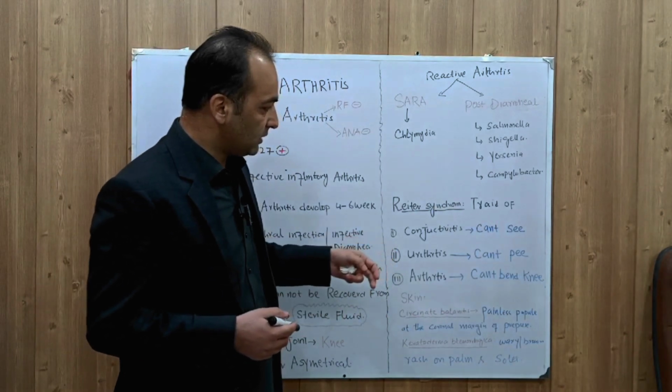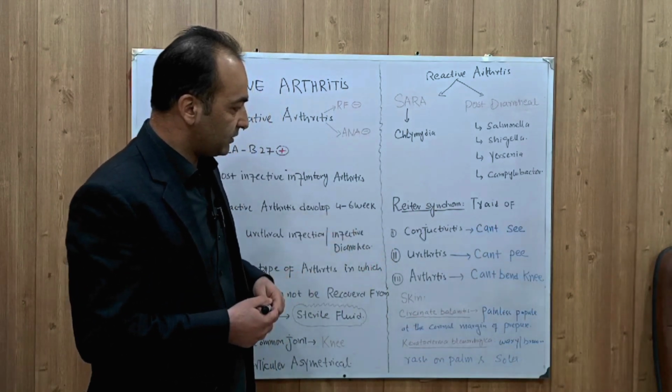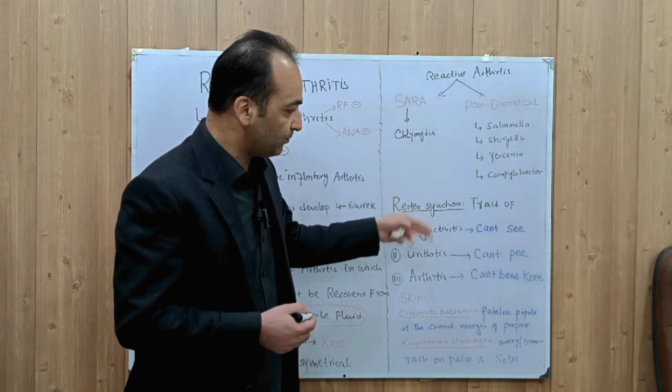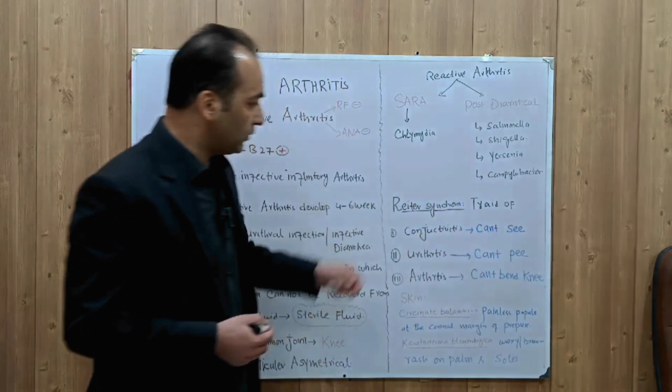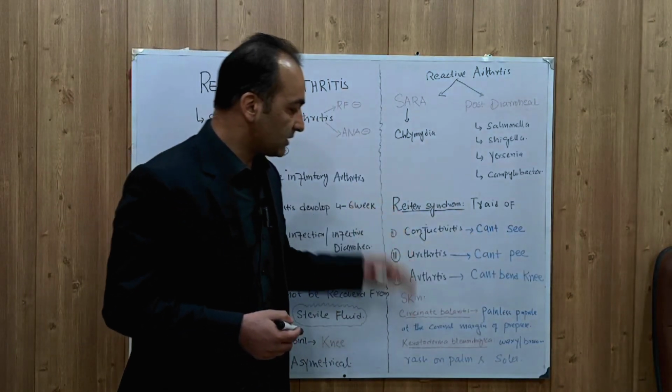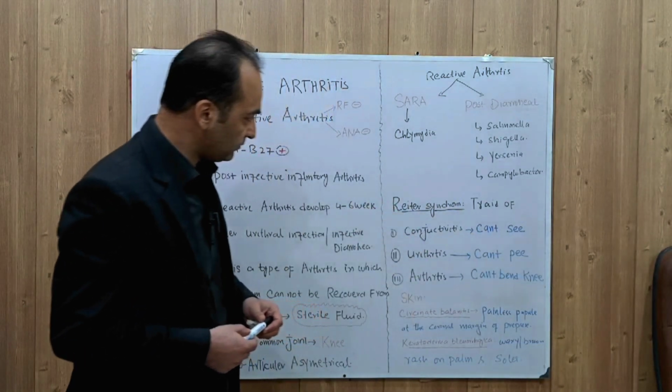So this is to easily remember the triad of Reiter syndrome: can't see, can't pee, and can't bend the knee, due to conjunctivitis, urethritis, and arthritis.